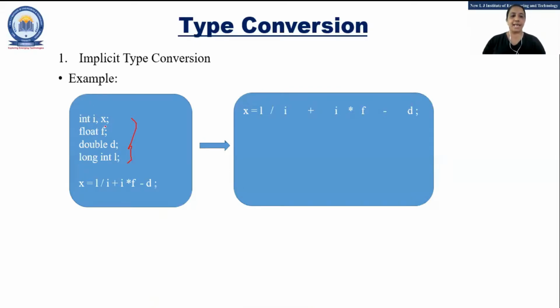Integer I and X are of type integer, F is of type float, D is of type double, and L is of type long integer. After defining these, I have one expression: X equal to L upon I plus I into F minus D. Which is supposed to be done first? You already know, we have seen in the previous lecture: the precedence and associativity.